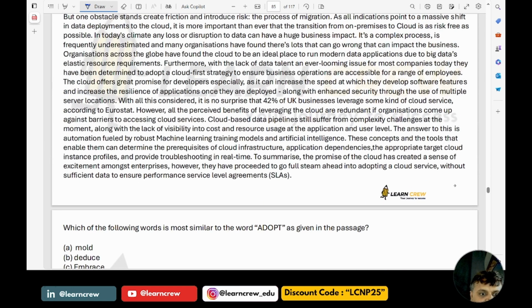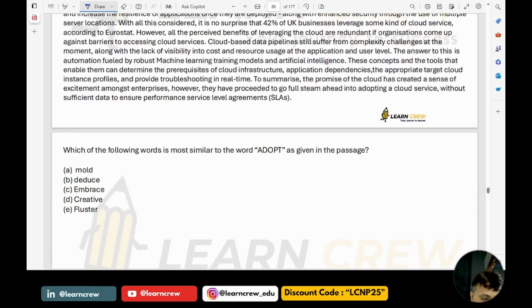76. Which of the following words is most similar to the word adopt as given in the passage? So what is the answer here? Embrace means what? Accept a belief, a theory or a change. So which of the following words is most similar to the word adopt?